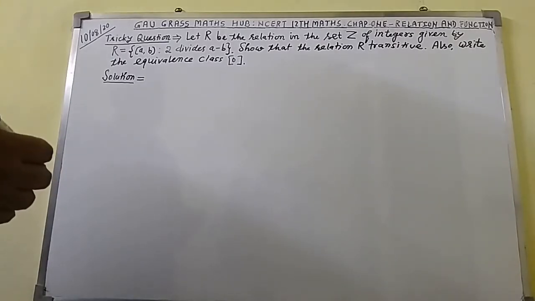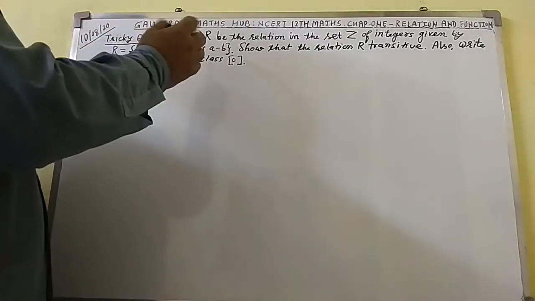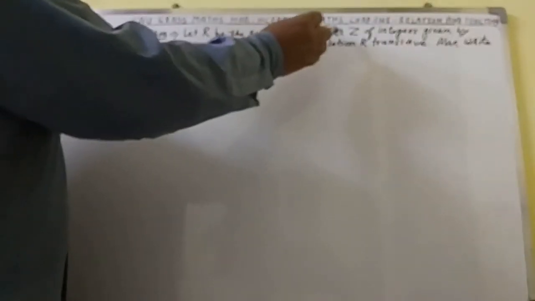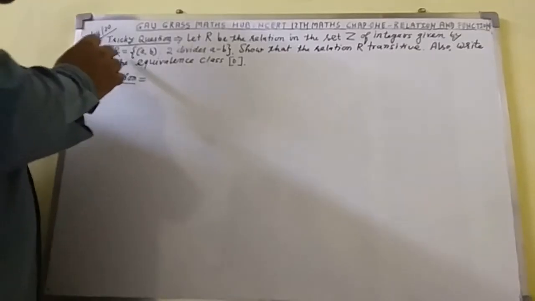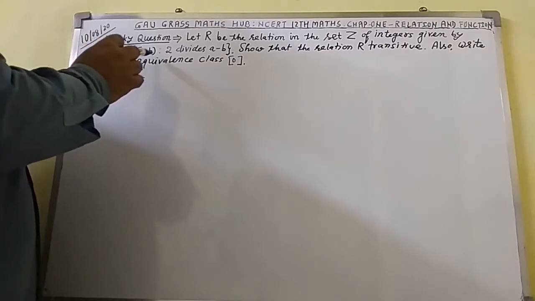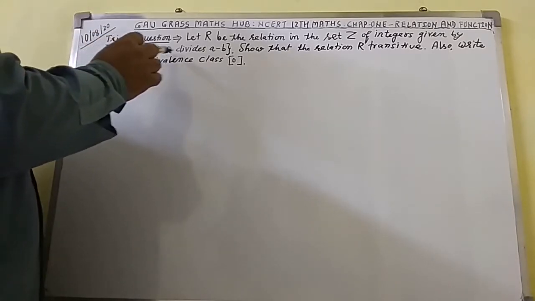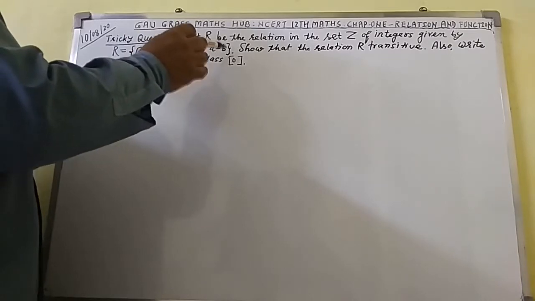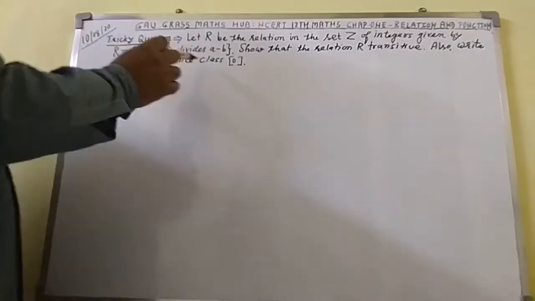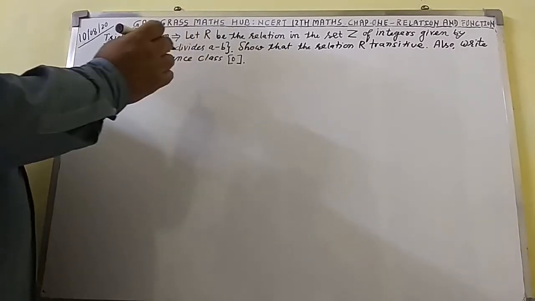The tricky question is: let capital R be the relation in the set capital Z of integers given by capital R equal to curly bracket ordered pair (a, b) such that 2 divides a minus b curly bracket. Show that the relation R is transitive. Also write the equivalence class of 0.